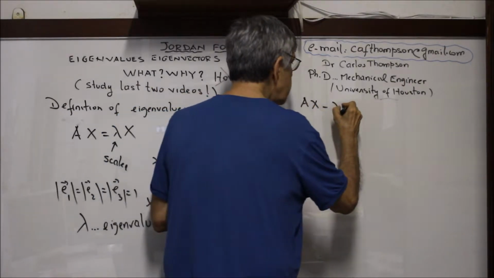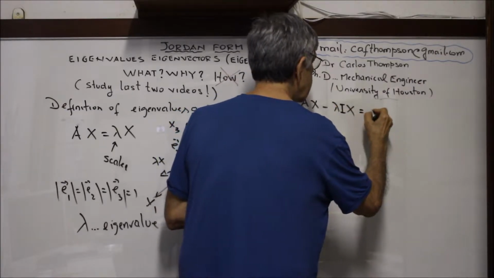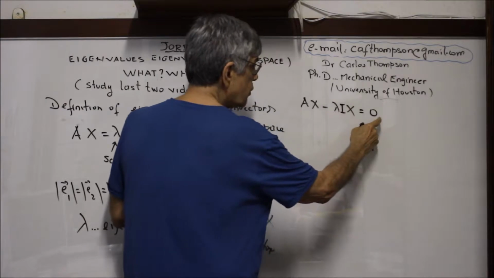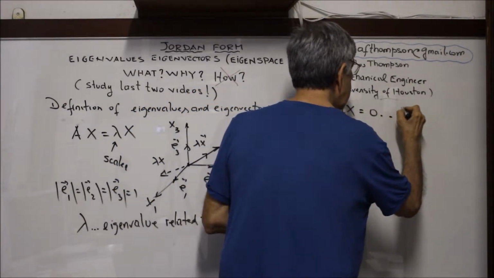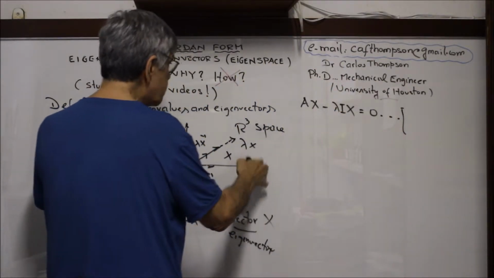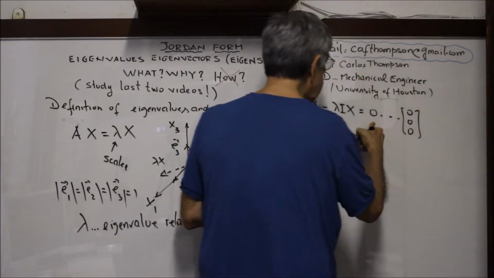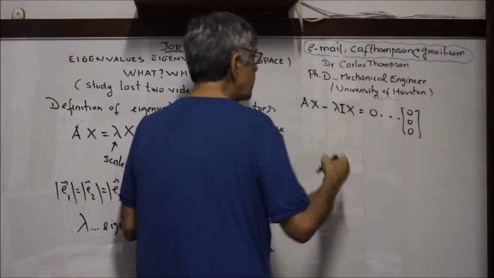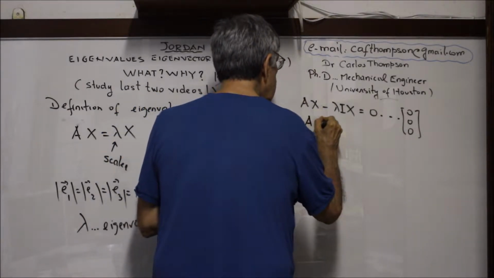So I'll put here lambda I x. This is equal to 0. Attention, this is a vector 0. In this space, it has 3 components. Don't forget this, it is a vector. It has 3 components.